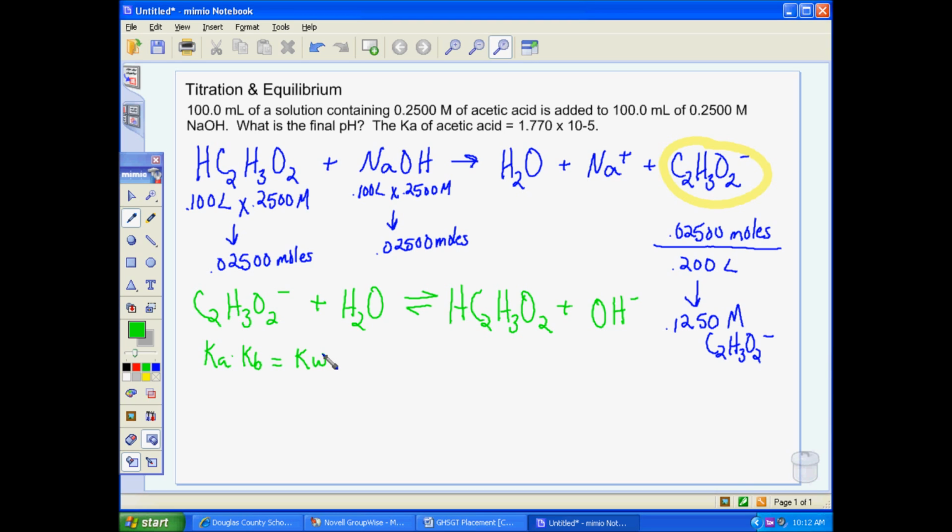So we just have to plug in the Ka, 1.770 times 10 to the negative 5 times the Kb is equal to 1.0 times 10 to the negative 14.